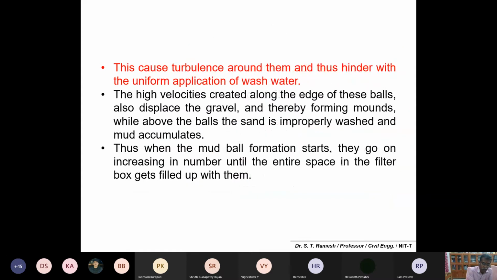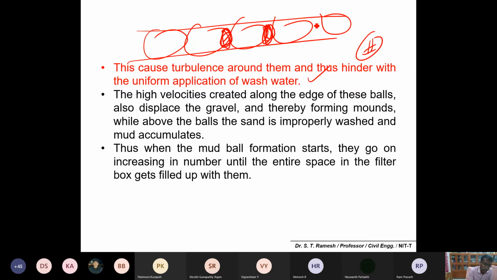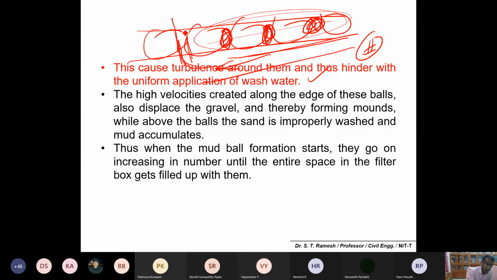Imagine now at the bottom of the sand grain layer, mud balls are packed like this. So what will happen? This area is completely affected, and this area maybe is open, and whatever pressurized water you apply, this portion is completely blocked, and only through this opening alone can the water penetrate, so the water will come out with a lot of pressure.